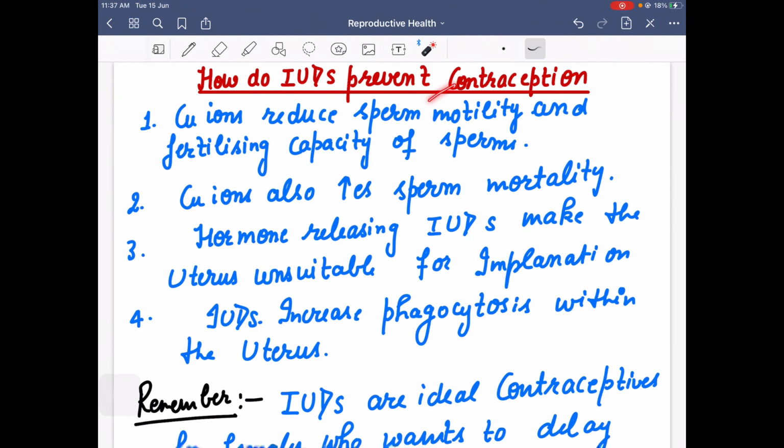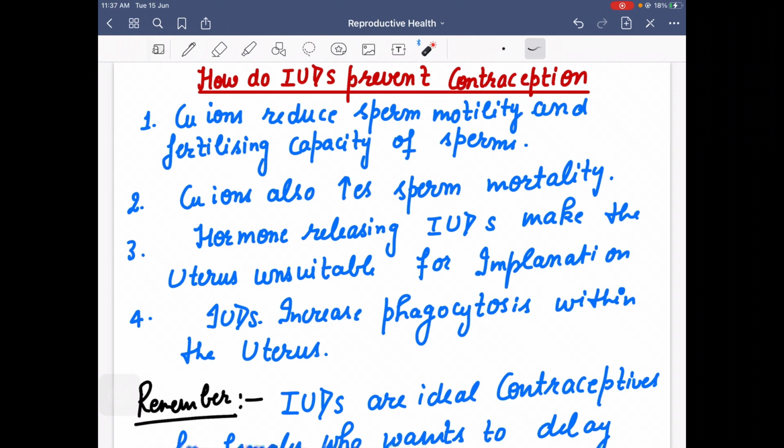And definitely if the sperm motility is reduced, only a few are able to reach the female reproductive tract. With their less motility, very negligible sperms will be able to reach.